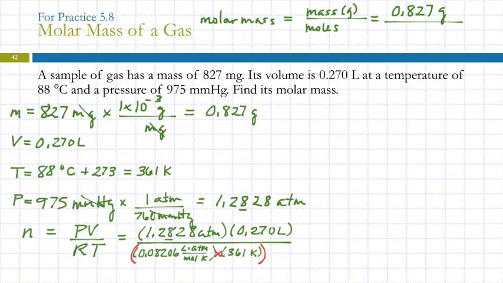So get your calculator out if you haven't yet, and make sure that you get the same number. So 1.2828 times 0.27 divided by 0.08206 divided by 361. 0.011691 moles.